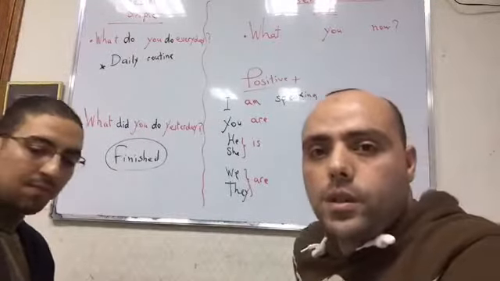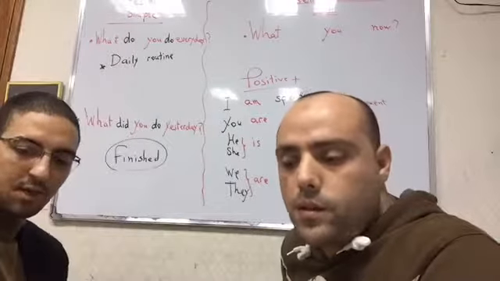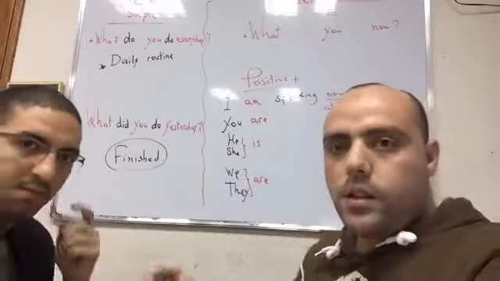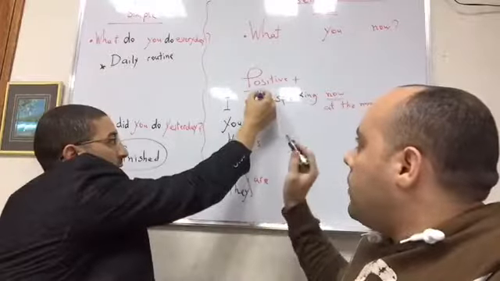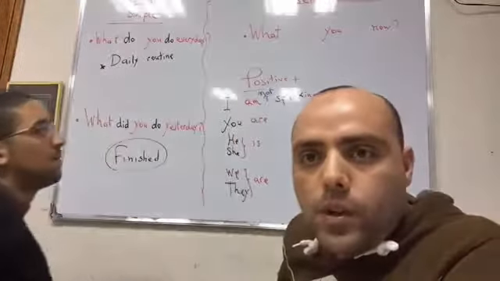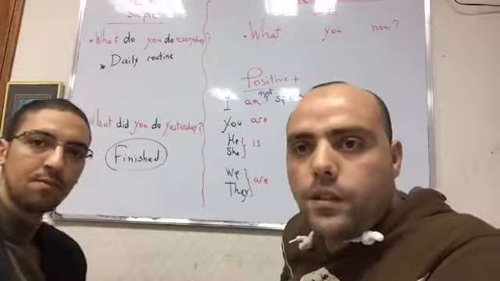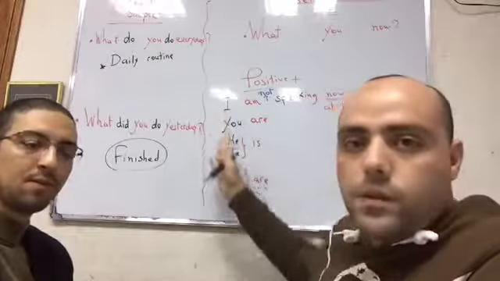If you want to make the sentence negative, you're just going to add not to the helping verb that you have in the sentence. As Mr. Ahmed told you a moment ago, here we have the verb to be, which is either am, is or are. Of course, they differ according to the subject pronoun that we're using them with.